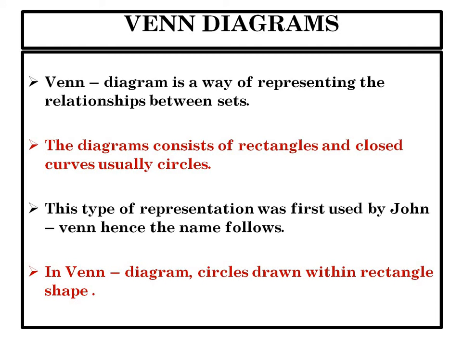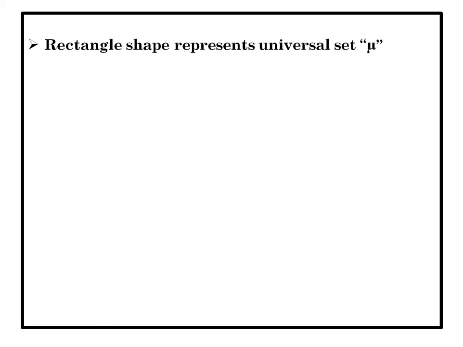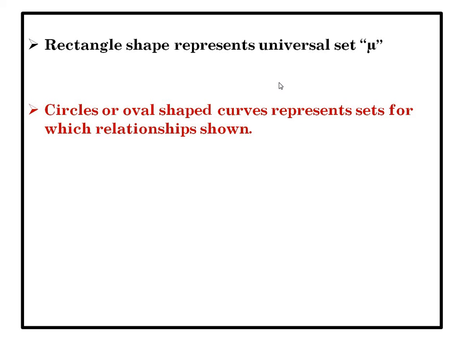In a Venn diagram, circles are drawn within a rectangle shape. The rectangle represents the universal set mu. In the previous video I told you the universal set is always represented by this symbol mu. Circles or oval shaped curves represent the sets for which relationships are shown.